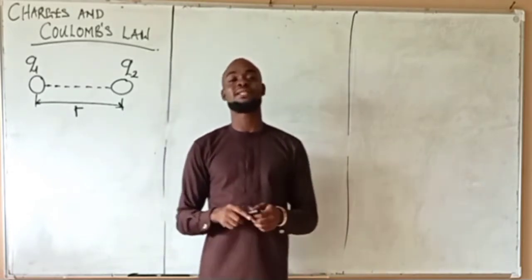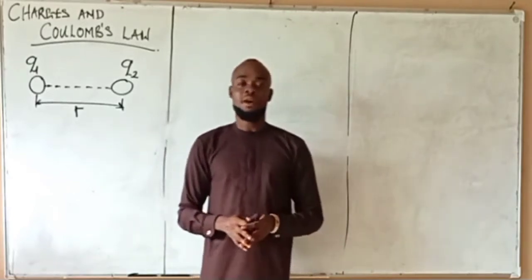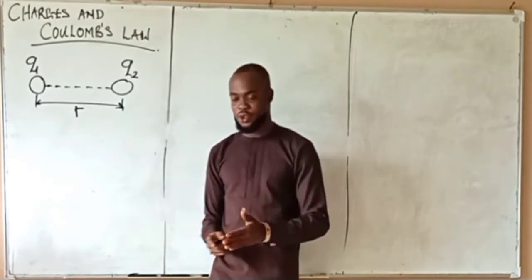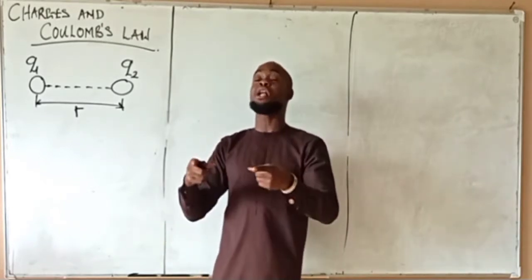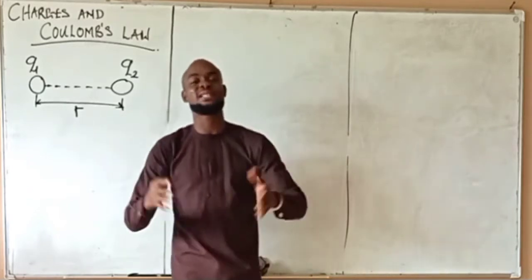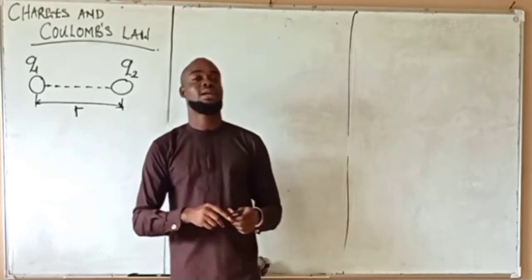Coulomb's law states that the force of attraction or repulsion between two charged bodies is directly proportional to the product of their magnitudes and inversely proportional to the square of their distance apart.